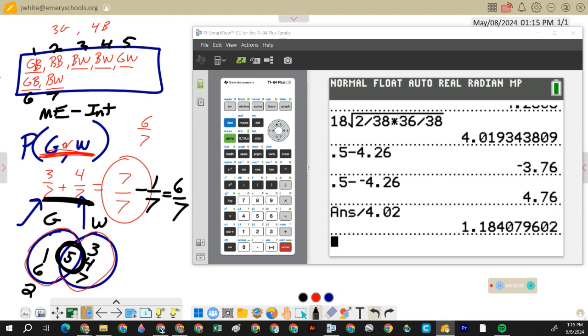Okay? So if they are independent, you can multiply for an AND statement. If they're not independent, you can still multiply, but you just have to use conditional probabilities. If they are mutually exclusive, for an OR statement, you can add. If they're not mutually exclusive, you can still add. You just have to subtract off everybody that got overlapped. Okay?